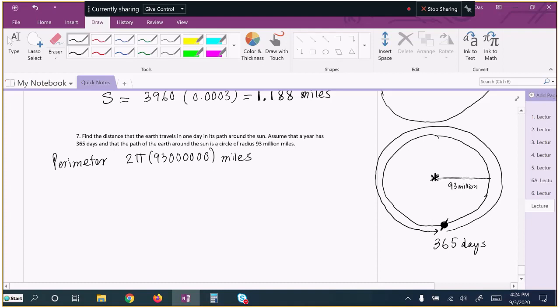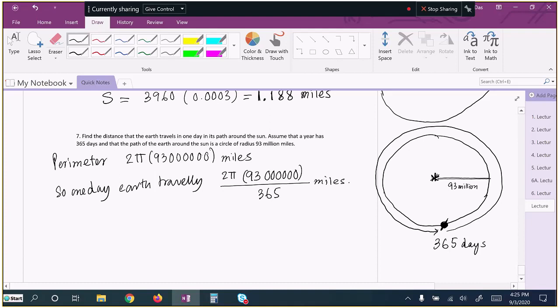But that is covered in 365 days. So in one day, Earth travels 2 pi times 93, 6 zeros, over 365 miles. And that should be my answer.